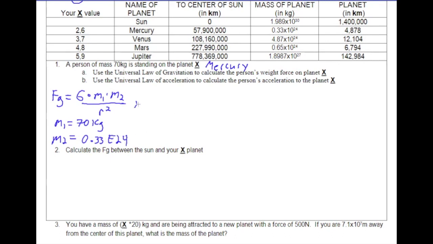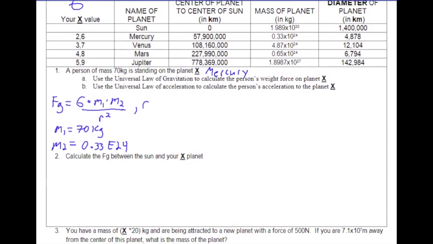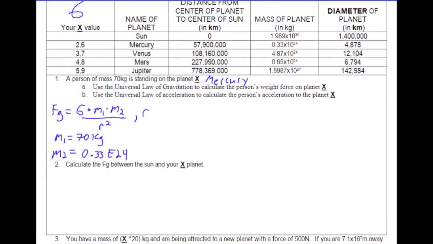R is going to be the distance from the center of that planet to the person. The person is standing on the surface of that planet, so we're going to use the diameter of the planet. But we need to remember that the diameter is the entire thing from one surface to another, so we don't need all of the diameter, we just need half of that value.